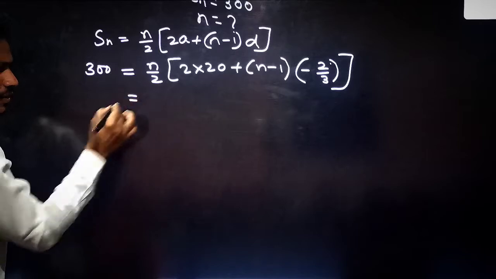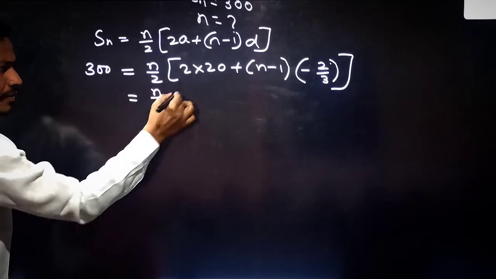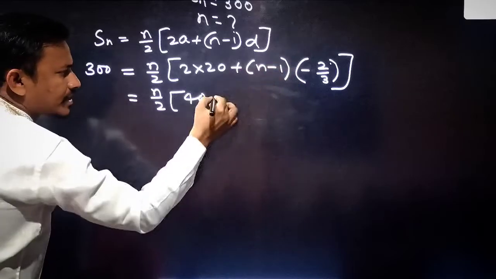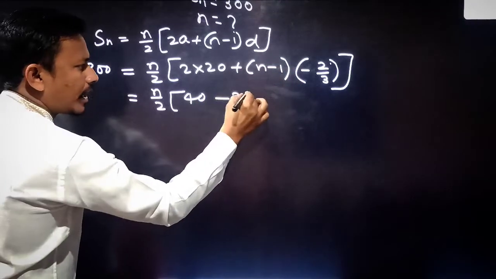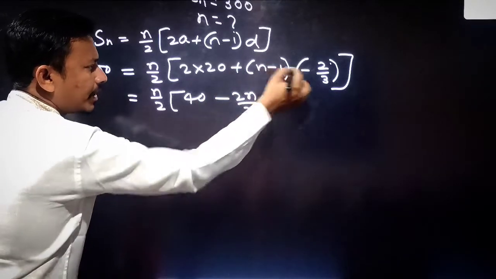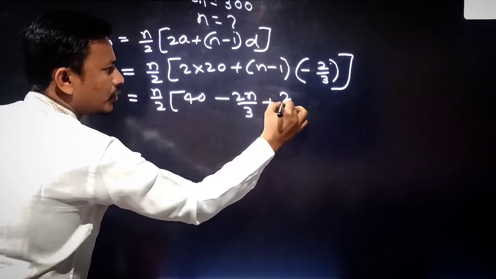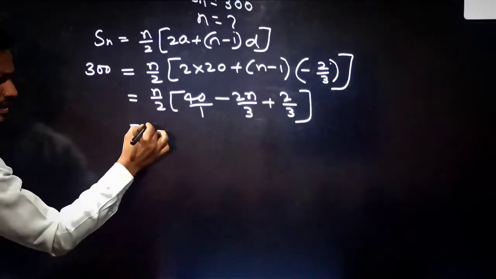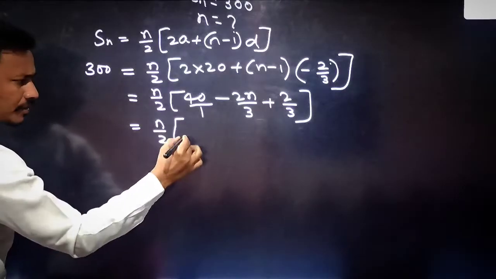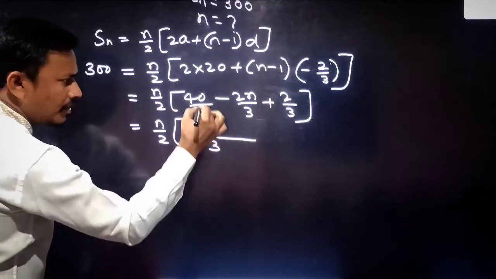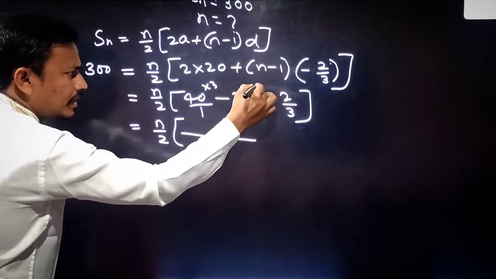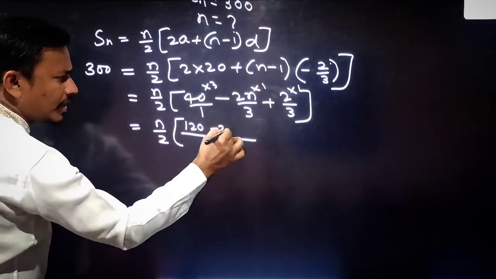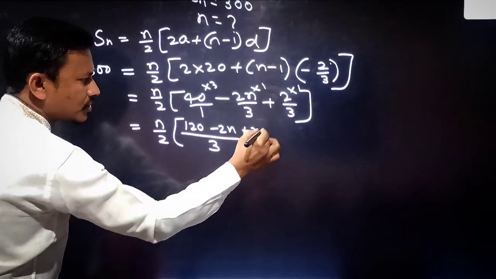This is equal to n divided by 2 in bracket 2 2s are 40 plus minus 2n divided by 3 plus 2 divided by 3, 40 divided by 1. This is equal to n by 2 in bracket. What is the LCM? 3. 3 1s are 3, 3 40s are 120, minus 2n plus 2.